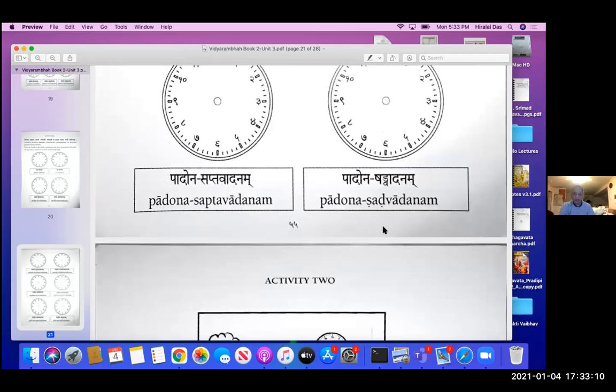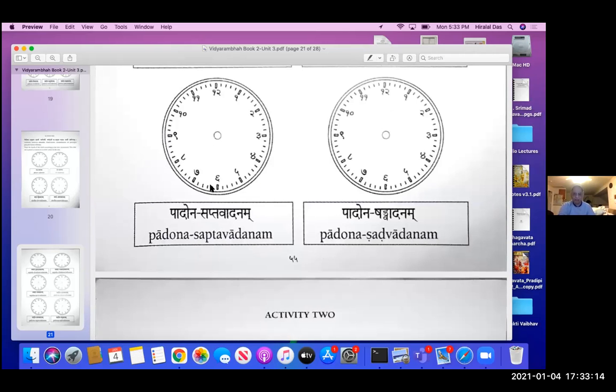Okay. Next is Padona Saptavadanam. Who can say? Okay, Naomi, Ira. Other people who want to learn, please pay attention to this. Padona Saptavadanam would mean that the long hand is... So what is it in English?